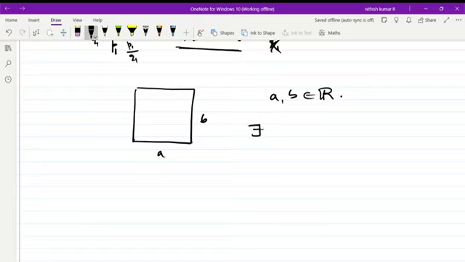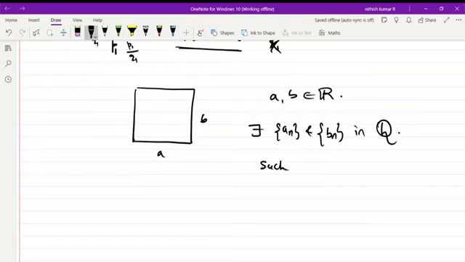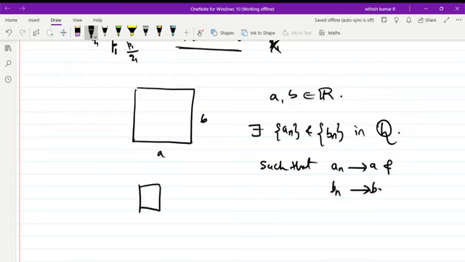So for A there exists a sequence An, and for B there exists a sequence Bn, in Q, such that An converges to A and Bn converges to B. Now An and Bn are rationals. If I consider a rectangle with the sides An and Bn, then its area is An into Bn.